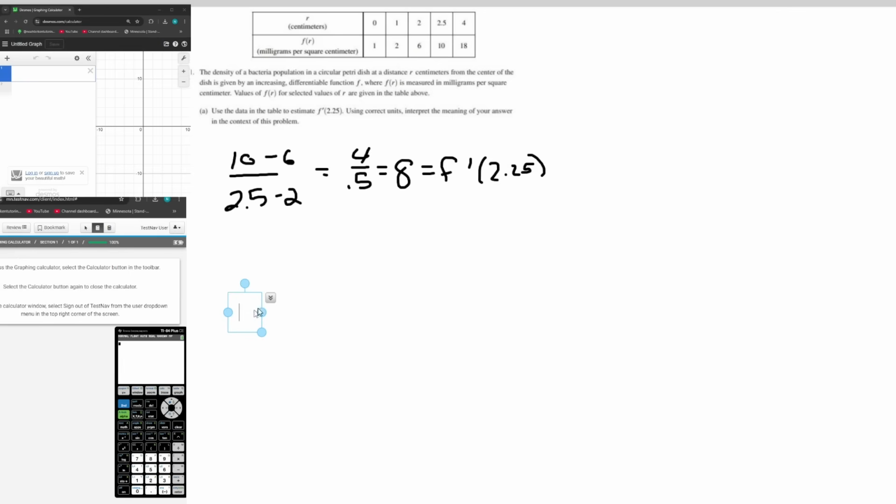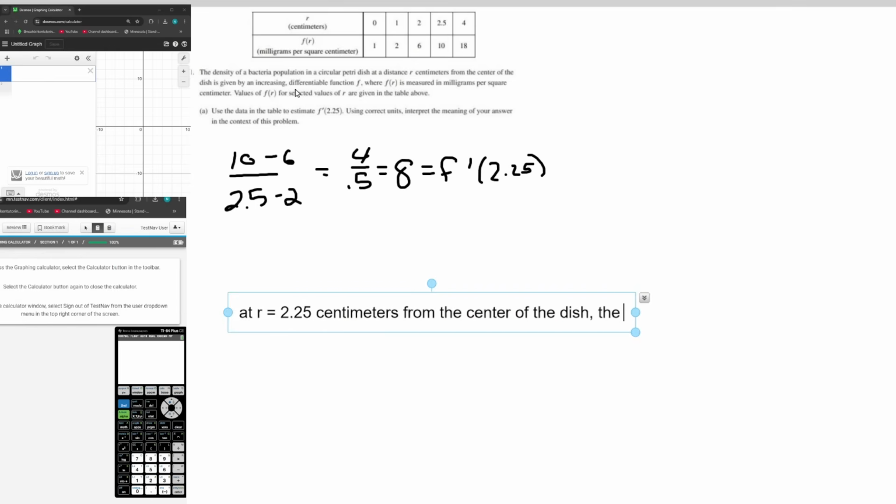Okay, so what we would say is it looks like at r equals 2.25 centimeters from the center of the dish, we would say so f of r would be represented by the bacteria population.